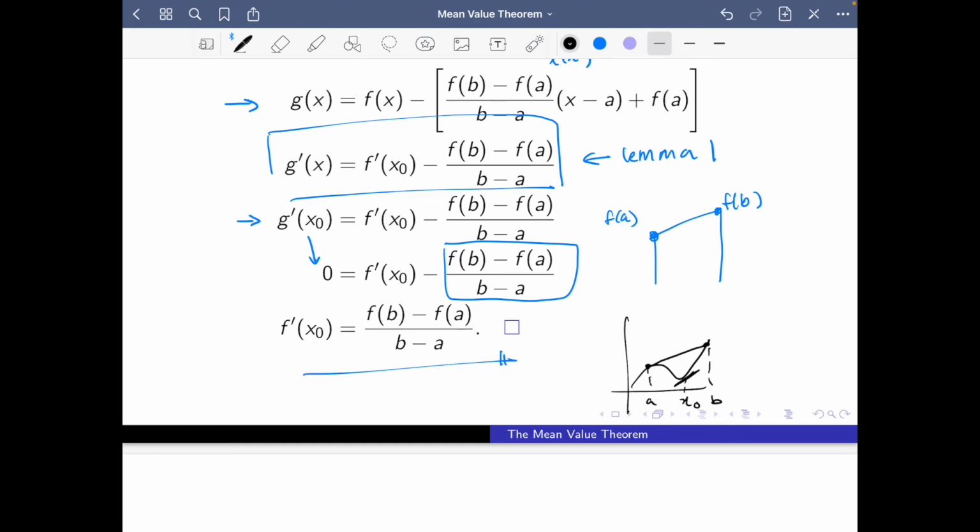So the x0 from Rolle's theorem just now, for g(x0), has the same property when it moves to f(x0). We just use Rolle's theorem on the left hand side, and it is the same as applying the mean value theorem on the right hand side. There is a close relation between Rolle's theorem and the mean value theorem.